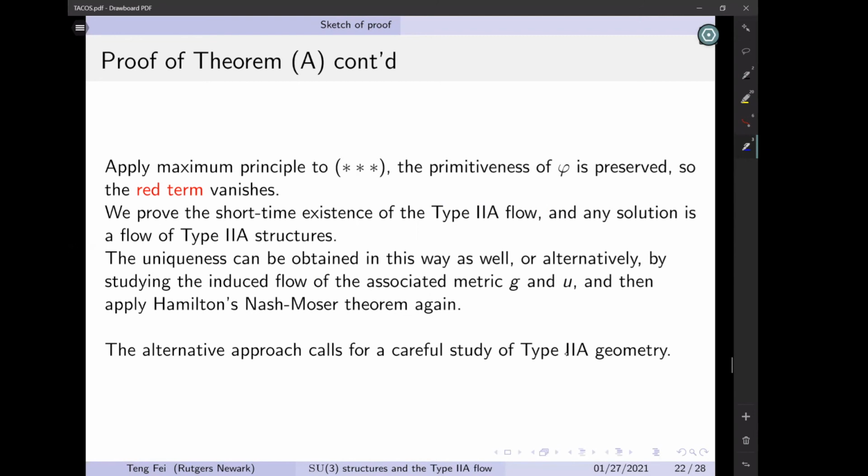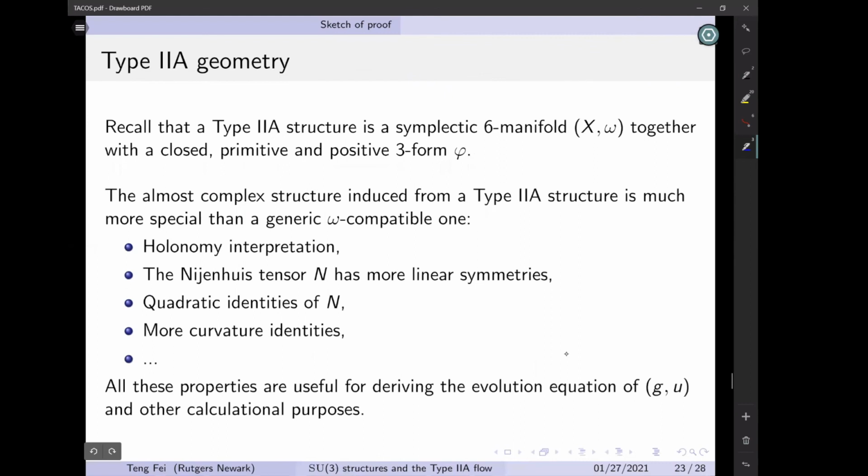Since I think the time is up, I'll skip this type IIA geometry part. So basically, we proved there are lots of nice geometric consequences of this type IIA structure. In particular, we show this almost complex structure J showing up in type IIA geometry is very special compared to a generic compatible almost complex structure.